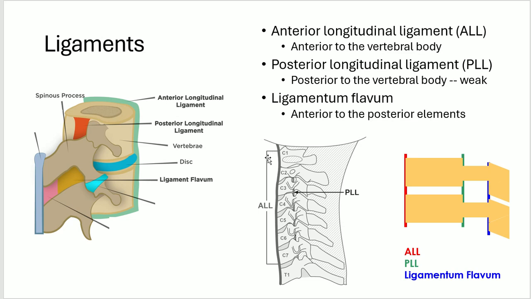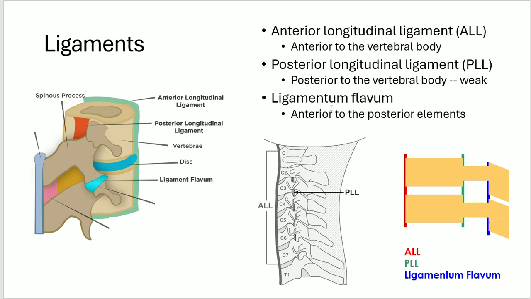We also have a posterior longitudinal ligament, PLL. It is posterior to the vertebral body. It is weak, so this is going to be inside the canal, essentially. Posterior to the body. Okay?